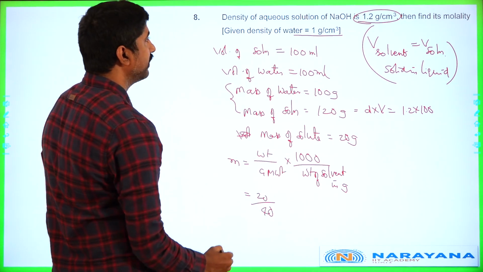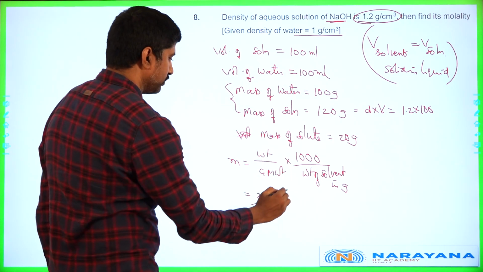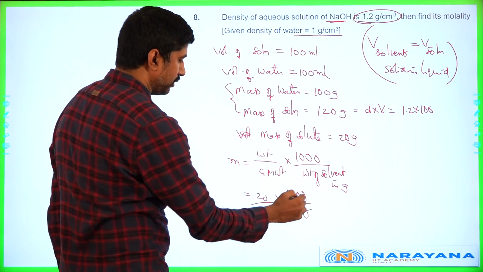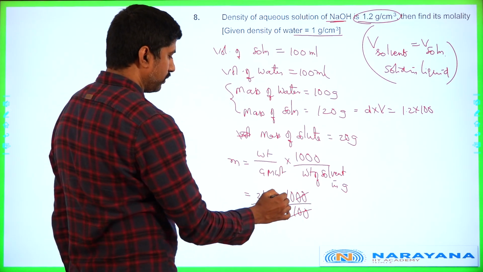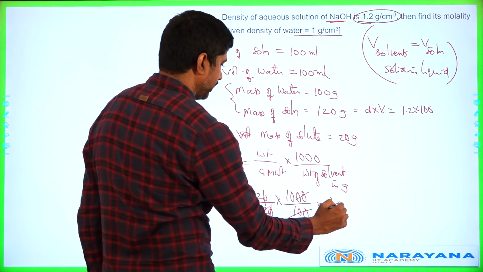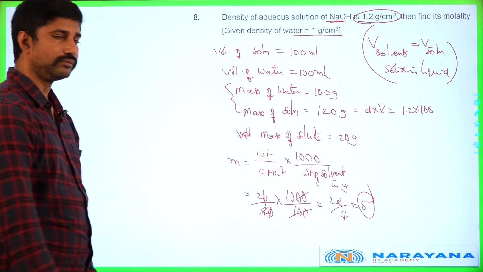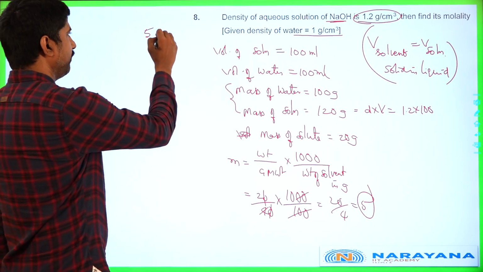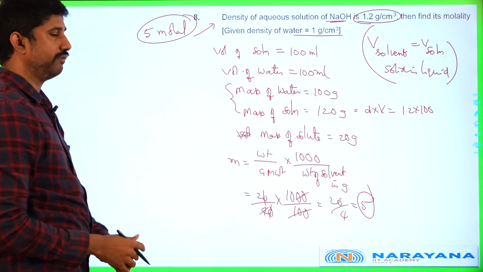Gram molecular weight of NaOH is 40, into 1000 by weight of solvent in grams, 1000. Ones and tens, 0 cancel, 4. So 20 by 4 we have, and that is 5. Molality is 5. So solution is 5 molal.